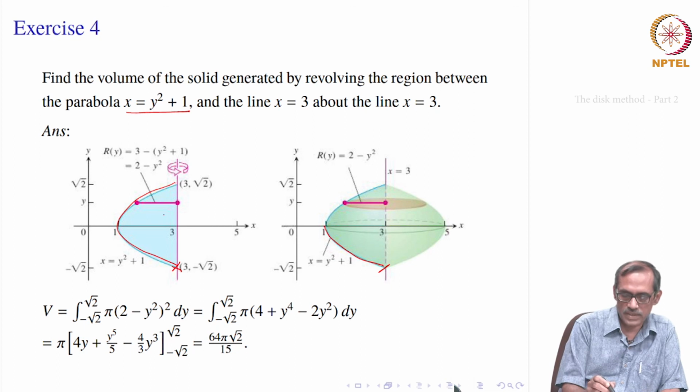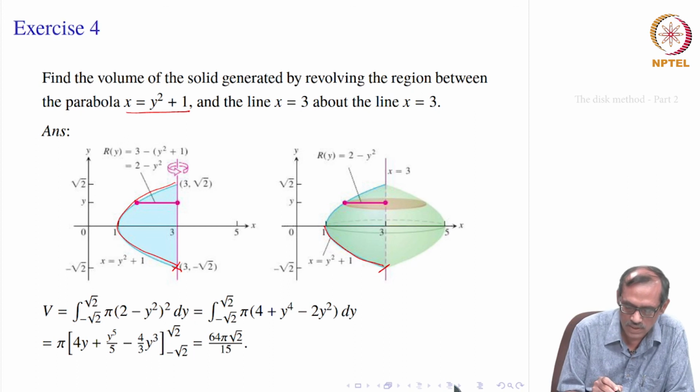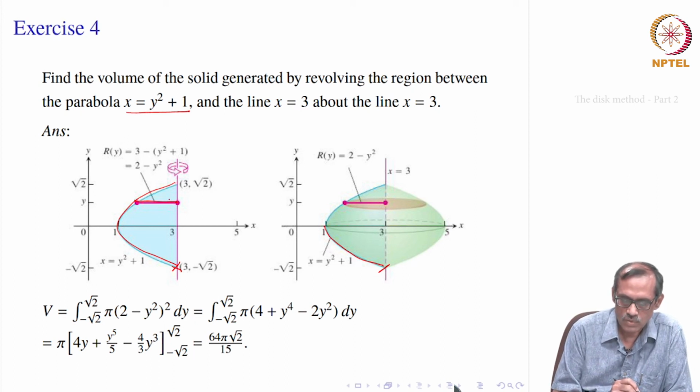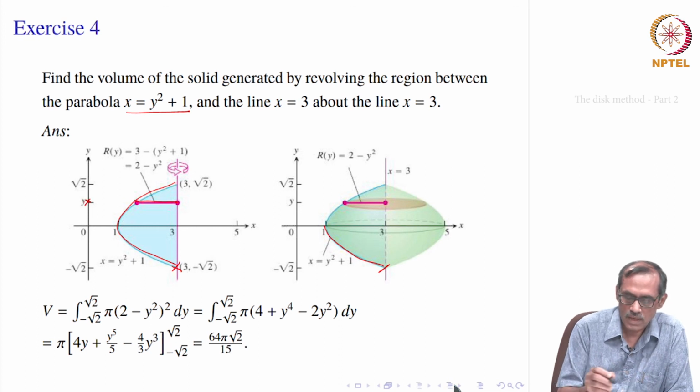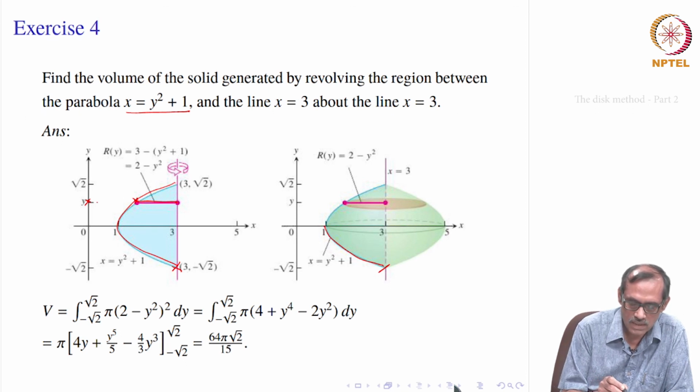So, now you should get the radius. The radius is shown here in pink. So, what is that radius? At any point y, the curve is x equal to y square plus 1. So, at any y, this length is equal to y square plus 1, but this other length is the line x equal to 3.